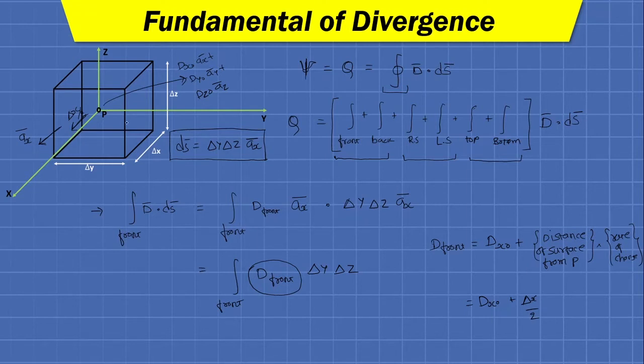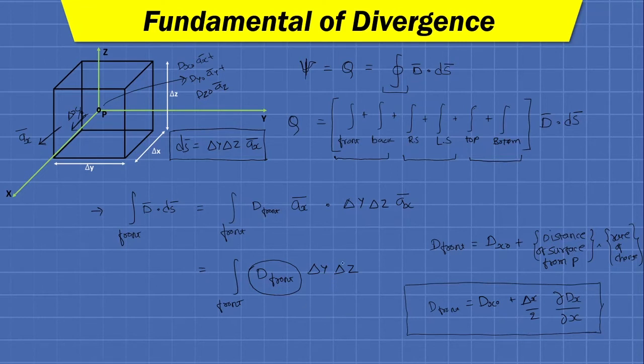This is the reason why we have taken point P as the origin. The rate of change is del Dx by del x. So D front will be Dx0 plus delta x by 2 del Dx by del x.